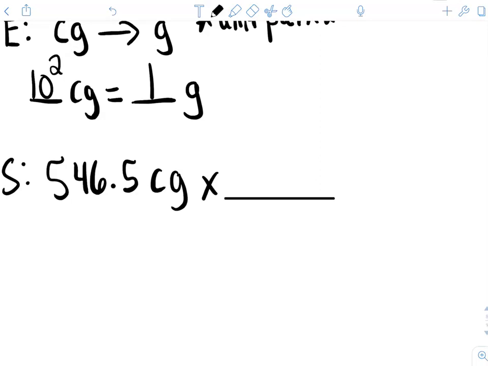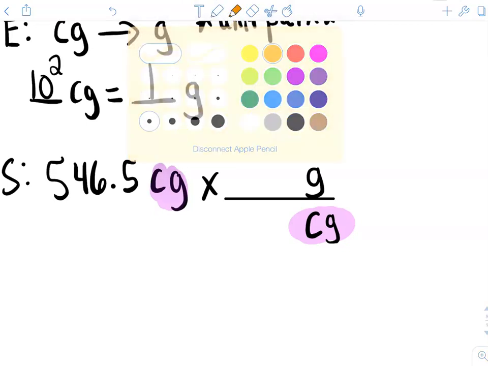Because whatever unit starts out on the top then has to go where? On the bottom. Now notice I'm using these colors. That just helps me to identify centigrams was on the top, centigrams now has to go on the bottom. The thing that I need, that I'm trying to get to, is the gram. It's going to go on the top.